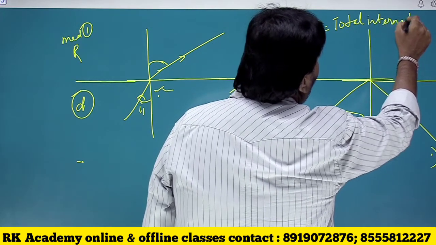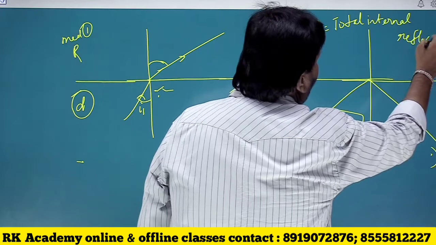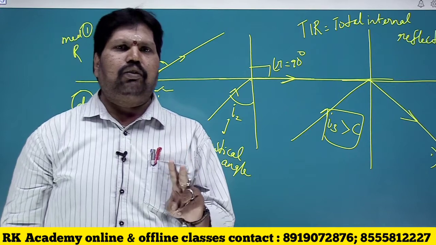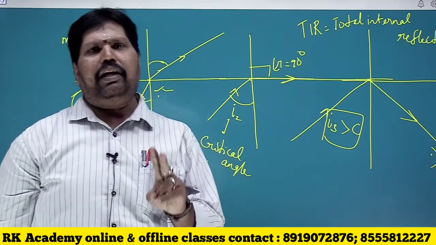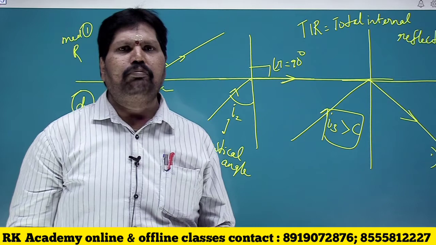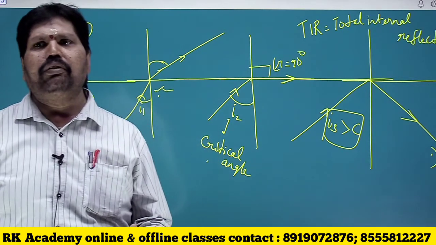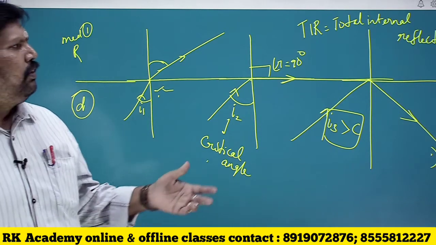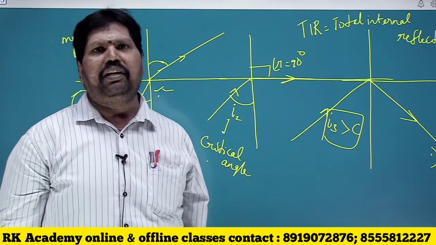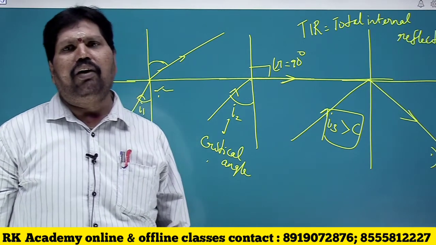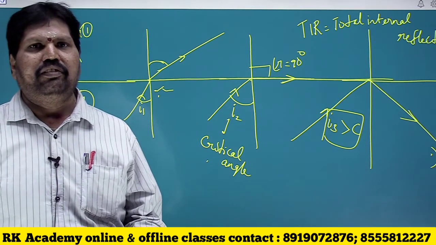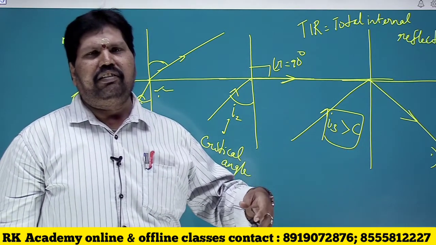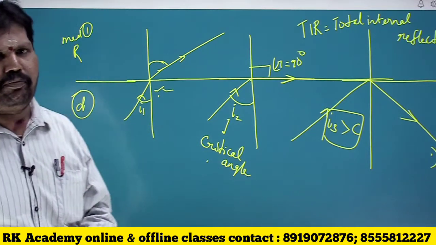For total internal reflection, the conditions are two. The light has to travel from the denser medium to the rarer medium, and the angle of incidence should be greater than the critical angle. Then the ray, instead of refracting, will bounce back into the same medium.